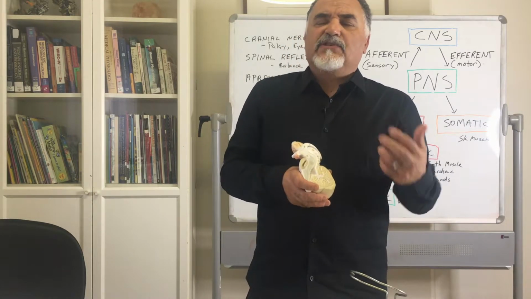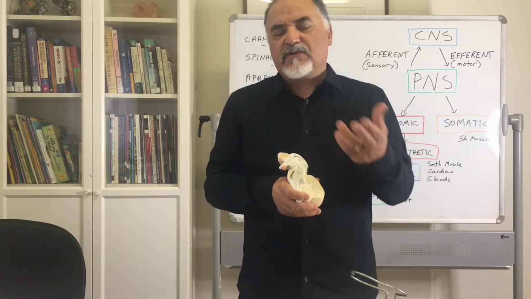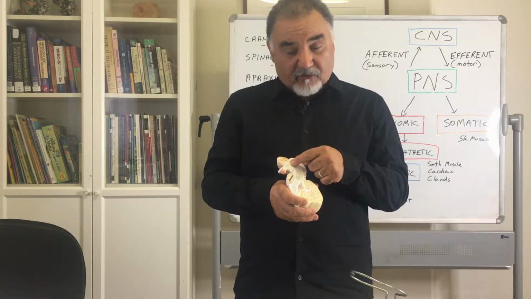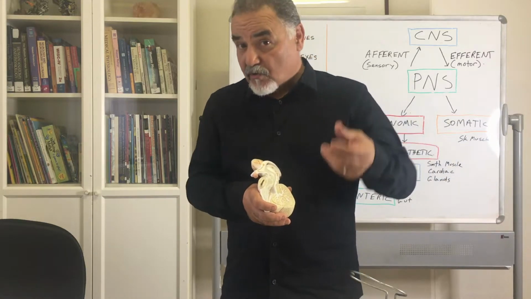So we tend to talk about hormonal axes. We can talk about the adrenal axis. The adrenal axis is the hypothalamus, which controls the activity of the pituitary, which controls the activity of the adrenal gland in releasing various hormones.